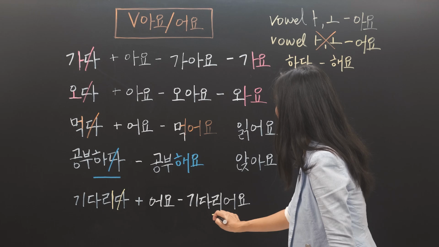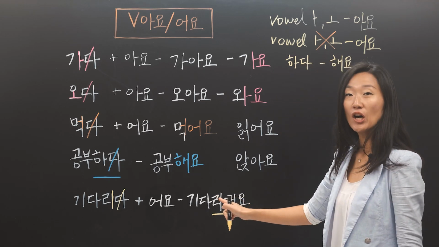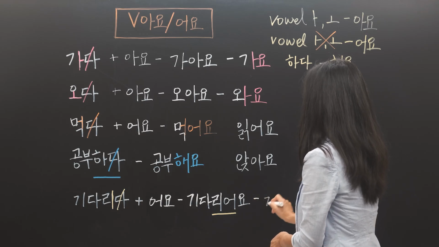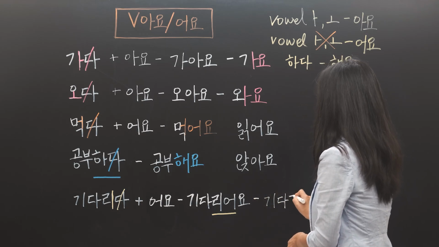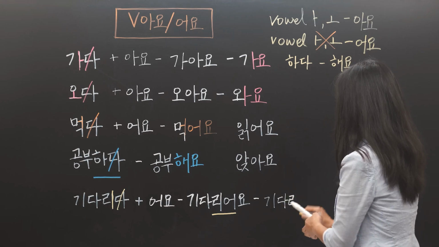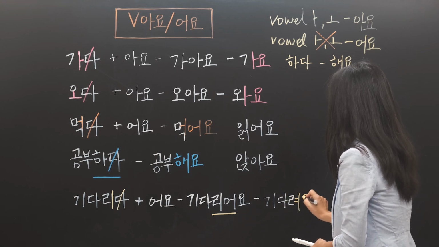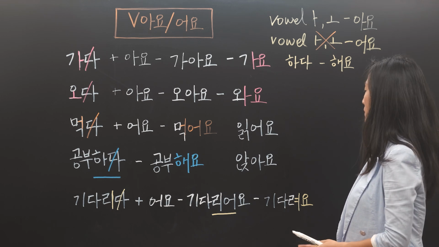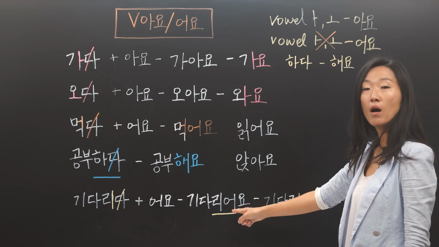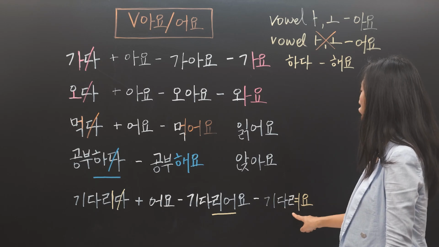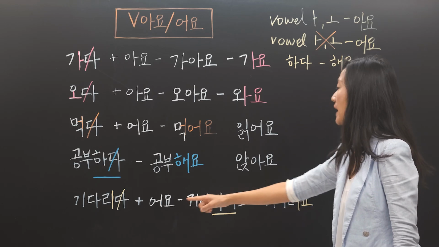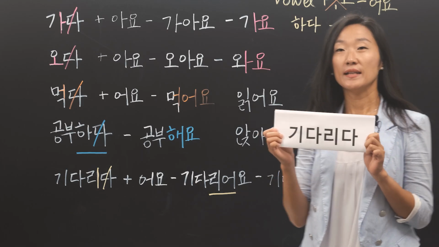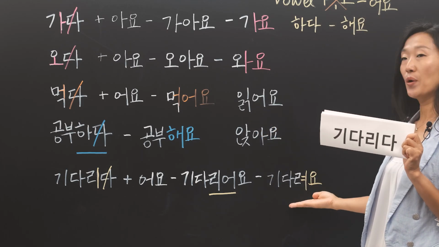But 이 plus 어 becomes 여. So 기다려요. 기다리다, 기다려요.